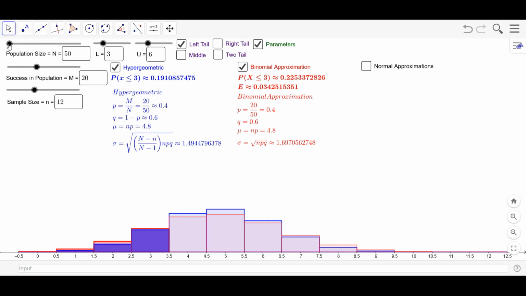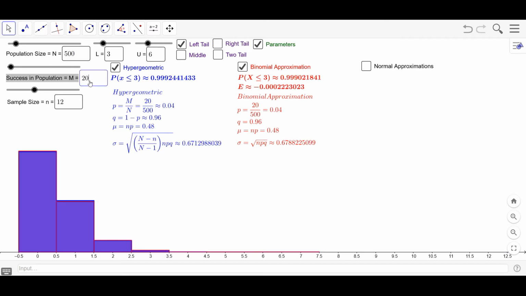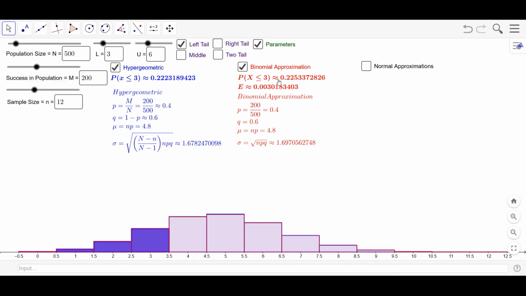But if we take this to 500 and 200, it's still the same on the binomial approximation, but the hypergeometric is a different situation. So now think about it a minute.